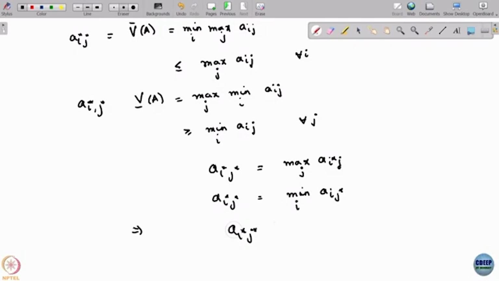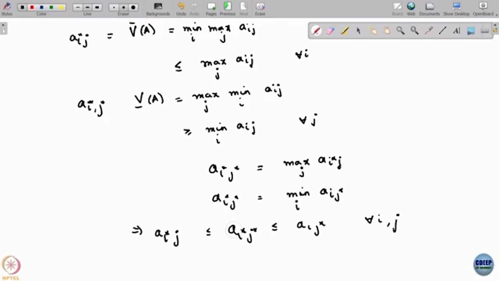So therefore, this is less than or equal to A i j star for all i and also greater than or equal to A i star j for all j.